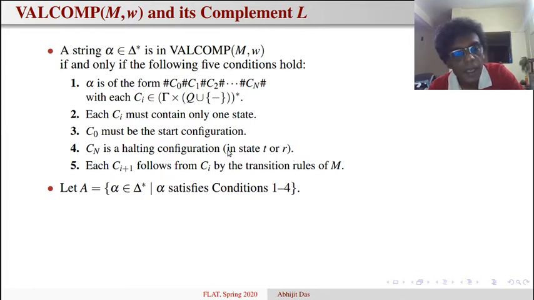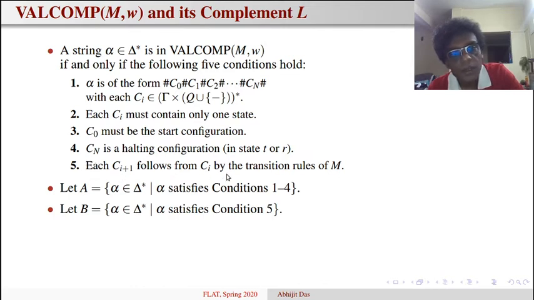And the second set is B: alpha in delta star such that alpha satisfies condition 5, that is, alpha is semantically correct. So a string alpha is in VALCOMP(M, W) if and only if it is both syntactically correct and semantically correct, right? So VALCOMP(M, W) is nothing but the intersection of A with B, right?